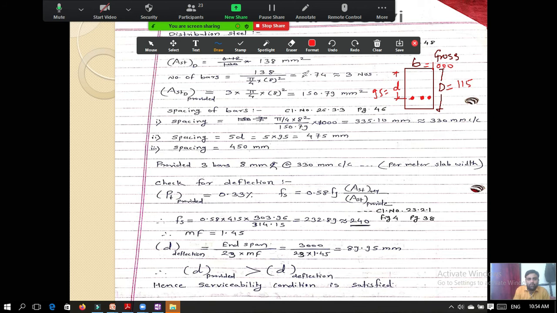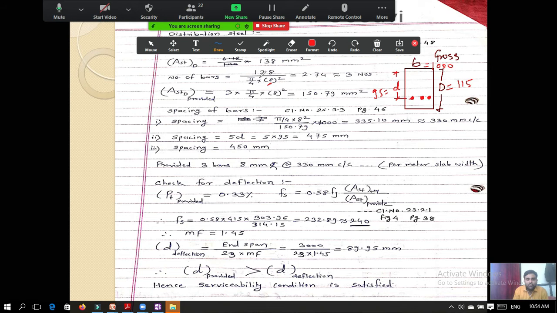We got this value, 138 mm square. After that, again calculate the number of bars. The number of bars is the total area of steel divided by the area of one bar. For distribution, we have assumed 8 mm bar diameter. Generally for distribution steel 8 mm or 10 mm is considered, but 8 mm is okay because the area is less.